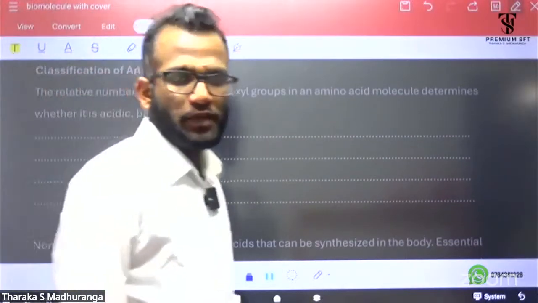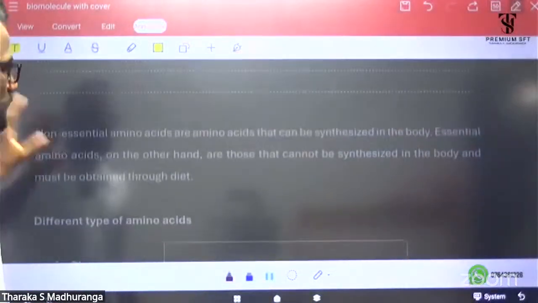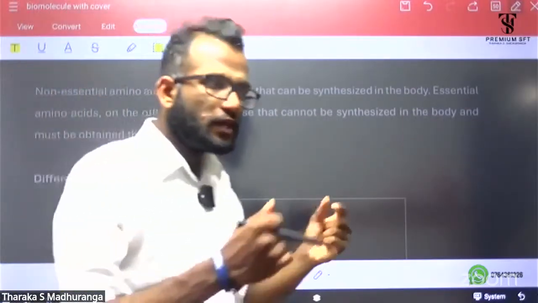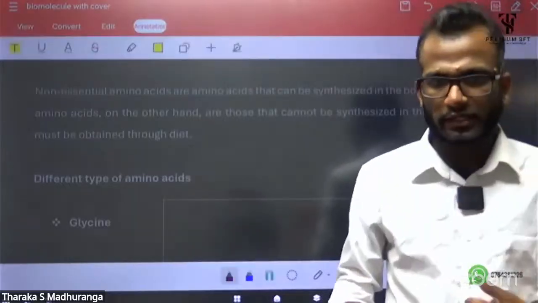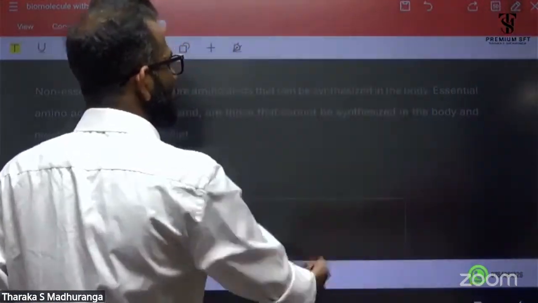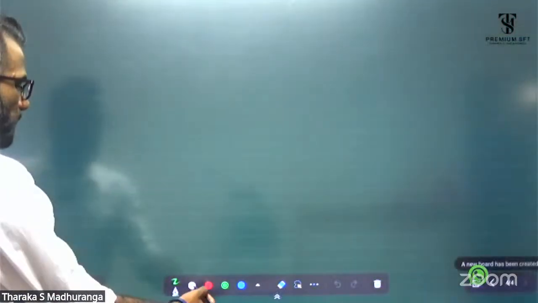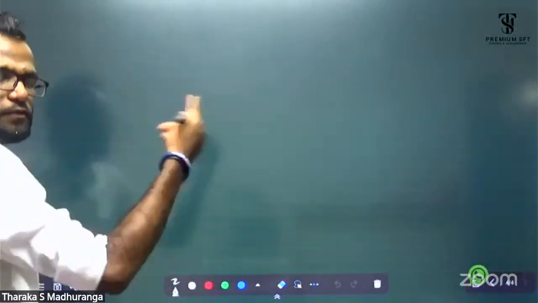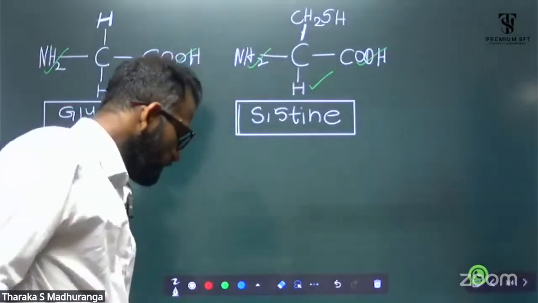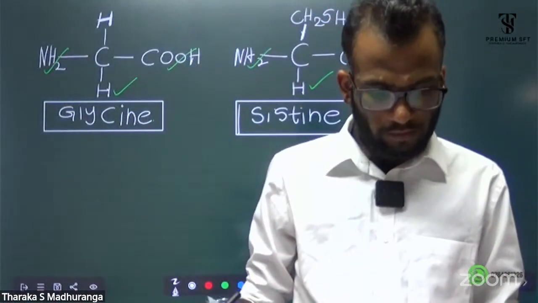Okay, the classification of amino acids we can discuss later, after discussing the amino acids. We can divide amino acids into two main categories. But before that, go to page number 16 in the tute.